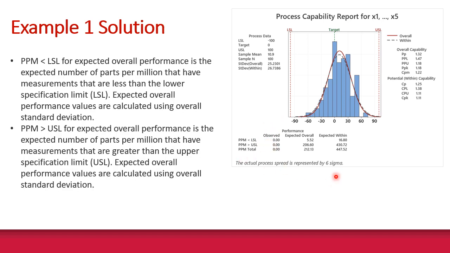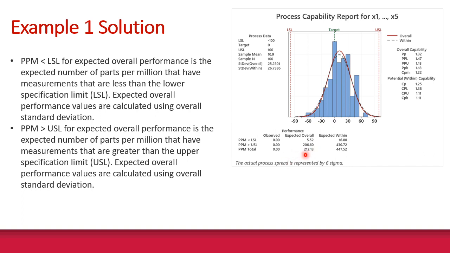Now it also reports for the overall performance. This is the column for expected overall. Parts per million less than the lower specification limit is the expected number of parts per million that have measurements that are less than the lower specification limit. So these are calculated using the overall standard deviation. This is calculated averaging all the different samples we took together.